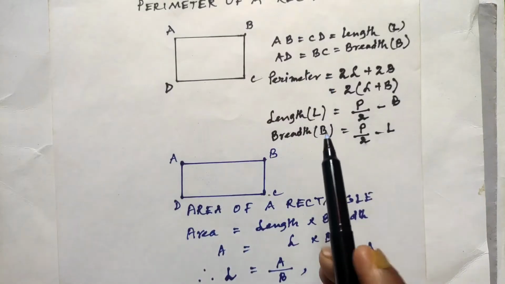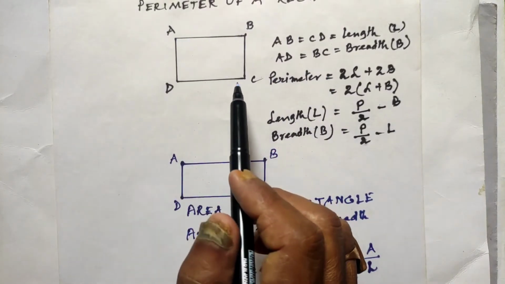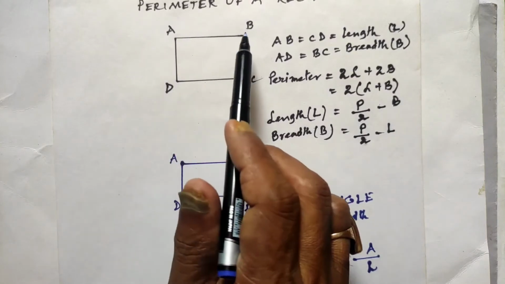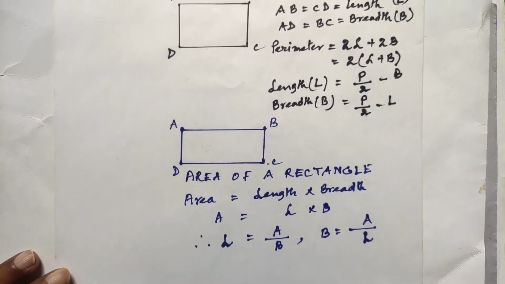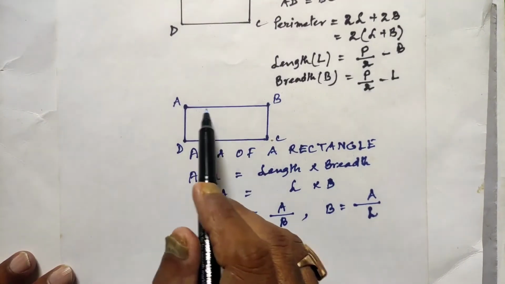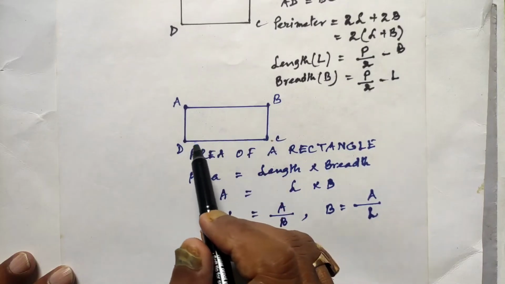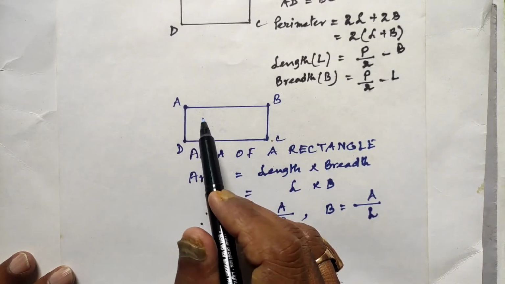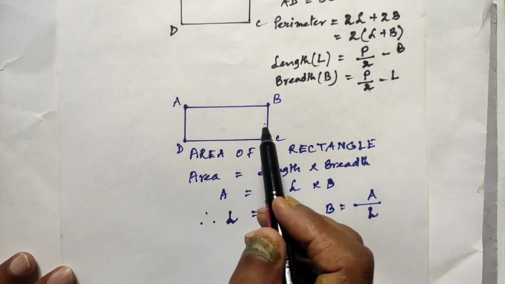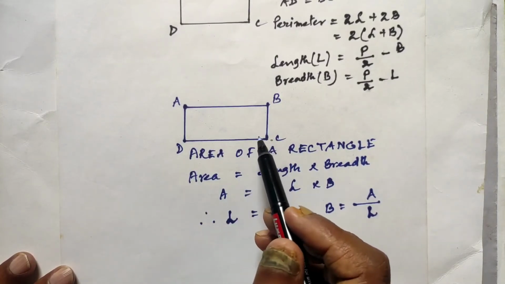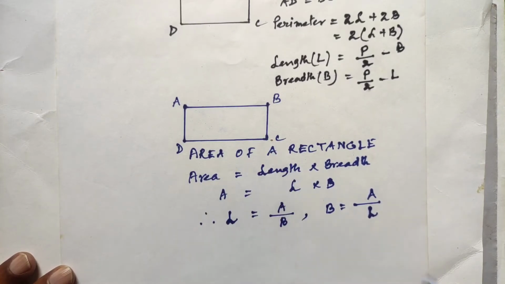So we will come across sums where we have to do the fencing of a rectangular field. In that case we will use the perimeter. And when we have to do marbling, flooring, plowing, or planting grass, in this case you have to use the area.